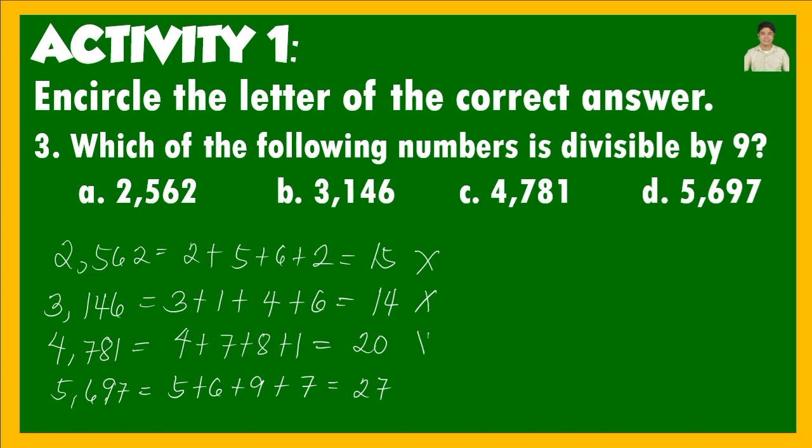Same with 20. So, we are left with option D, which is 5,697. And 27 is divisible by 9. So, therefore, our answer is letter D, 5,697.